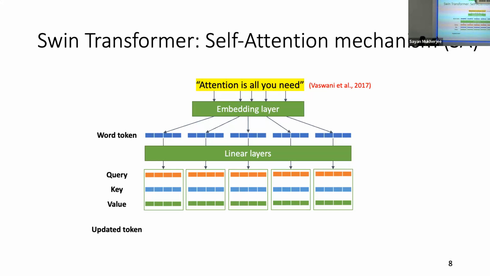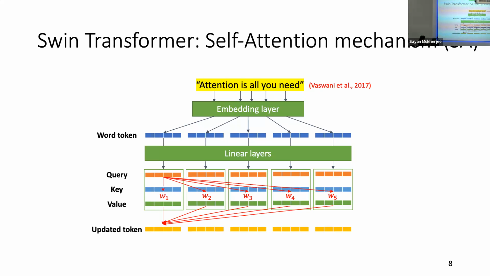Then each word token would generate a query vector, a key vector, and a value vector through linear layers. By calculating the dot product between a query vector and every key vector, we can get the weights of different value vectors by applying the softmax function to the product. Then the updated token is actually the weighted summation of all the value vectors. So we can repeat this process for all the query vectors, then we can get the same number of updated tokens.